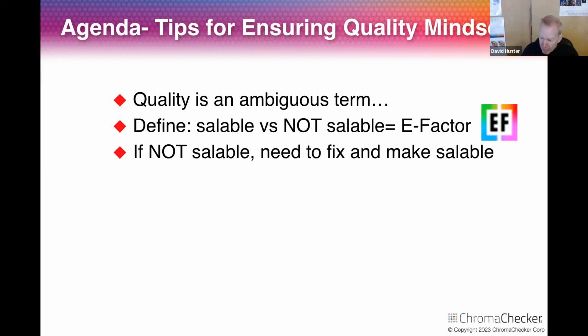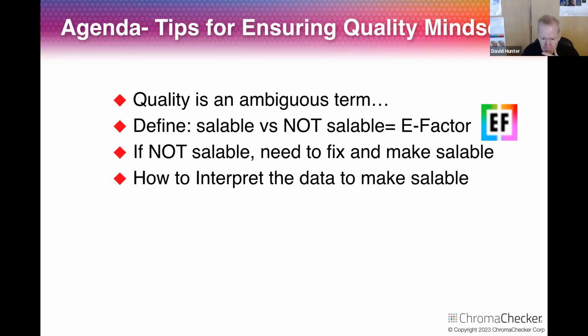And so that person working on that printer could have been doing something completely different in a different industry last week. And so we need to make it simple for them to understand what needs to happen to make that printer sellable again. And so as much as we can, we'll automate the interpretation of the data to help make it sellable and help the operator understand what they need to do.